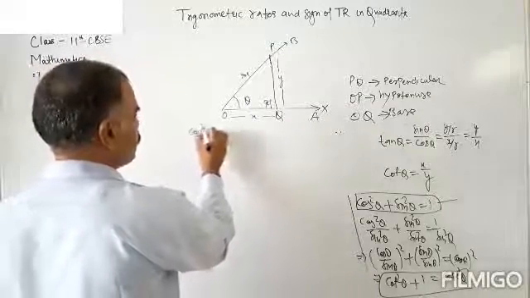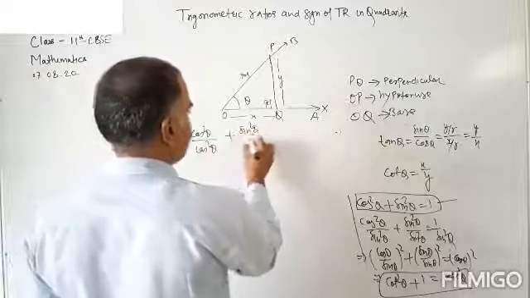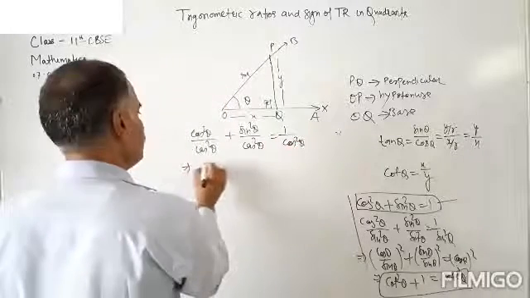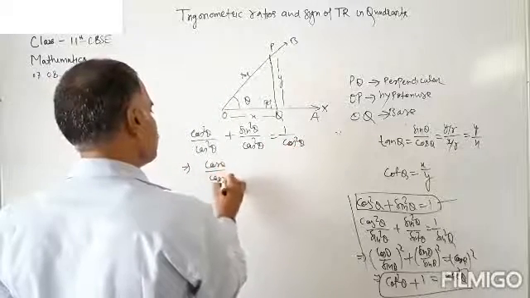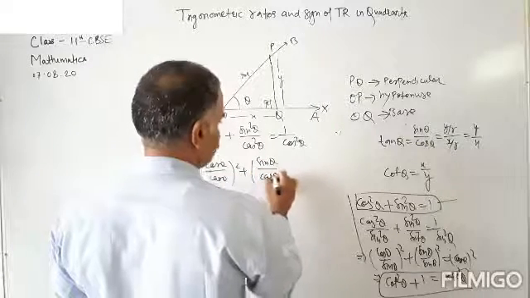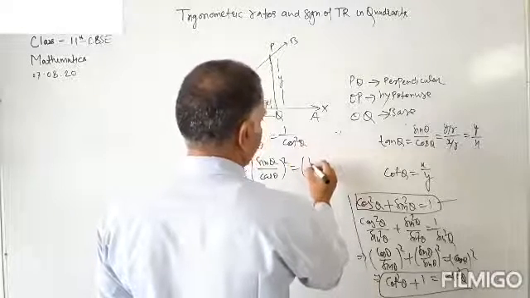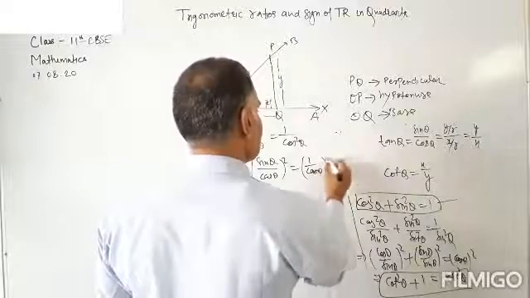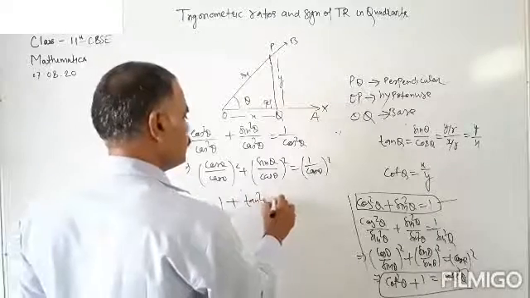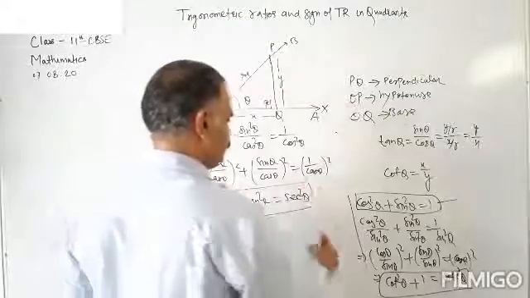So cos square theta upon cos square theta plus sin square theta upon cos square theta is equal to 1 upon cos square theta, means (cos theta upon cos theta) square plus (sin theta upon cos theta) square is equal to (1 upon cos theta) square. So this is 1 plus tan square theta is equal to sec square theta. So one more identity is this.